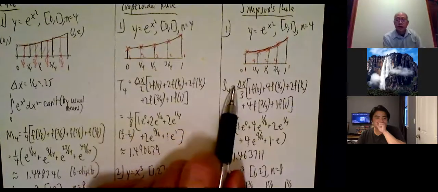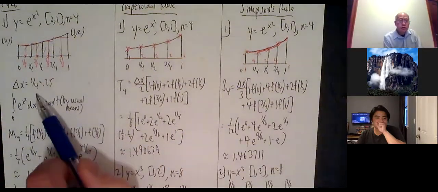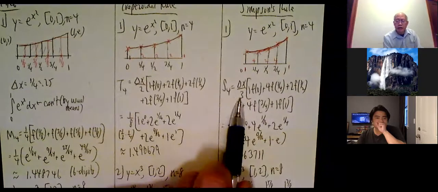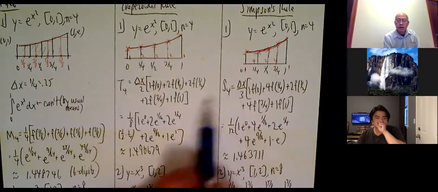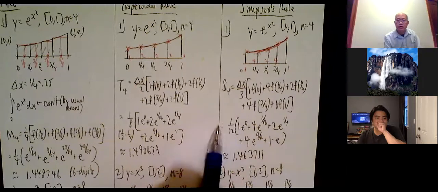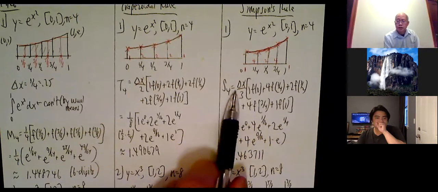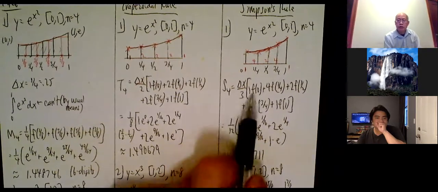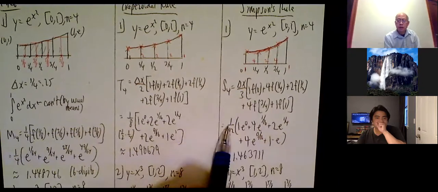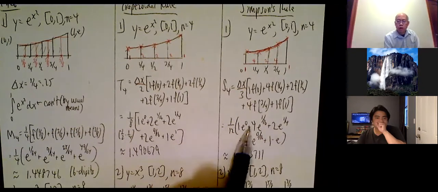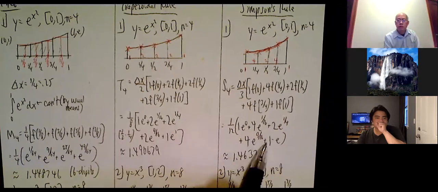All right, so delta x was 1/4. Divide that by 3. So 1/4 divided by 3 means 1/4 times 1/3, or 1/12. So delta x over 3 is 1/12. 1 times e to the 0. And notice it goes 4, 2, 4, 1.